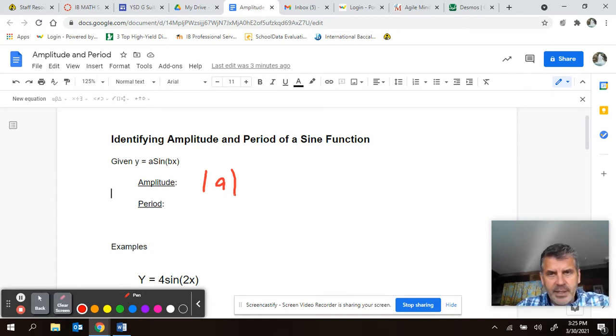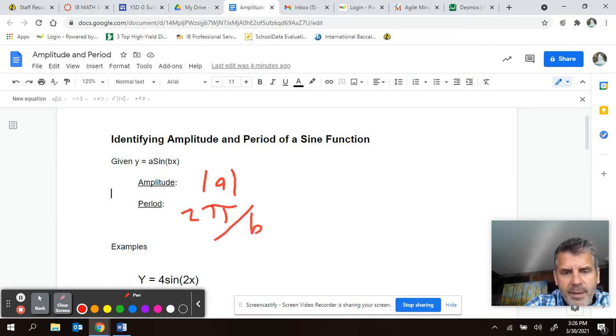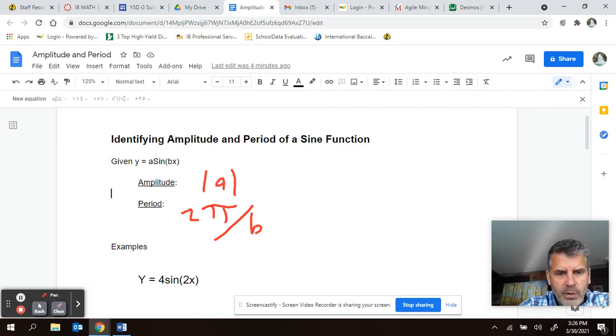It is measuring half the distance from top to bottom. Then your period is associated with the b value. The period is always found by taking 2 pi and dividing it by whatever that b value is. Let's look at an example, and then we'll check it on Desmos.